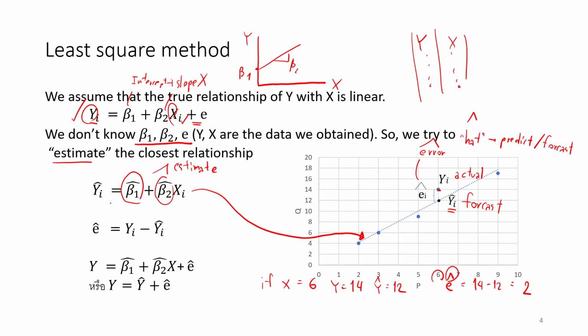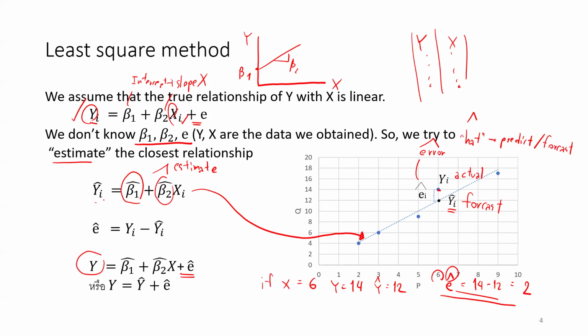Then if we would like to write y, not y hat, on the left, it means you have to add error on the right hand side. Okay, so you can write it two ways.